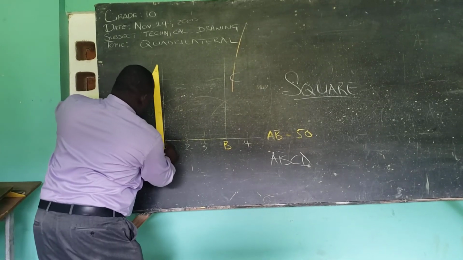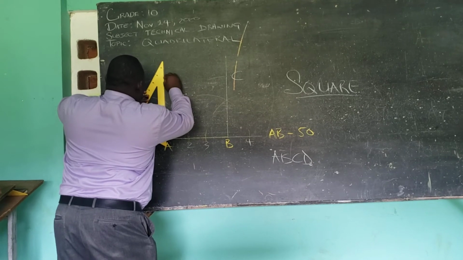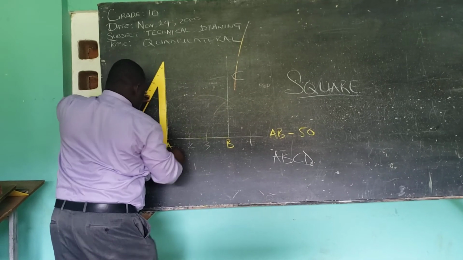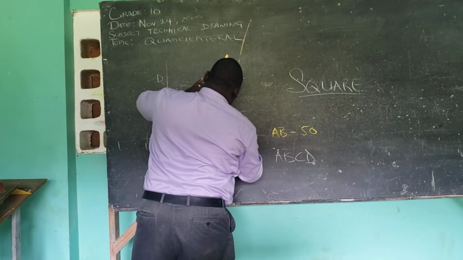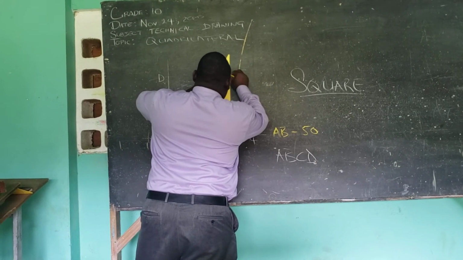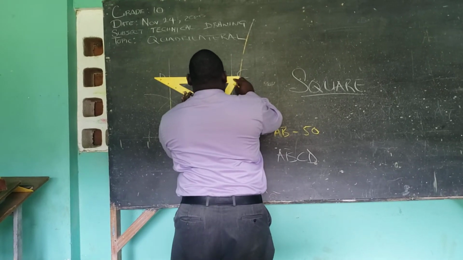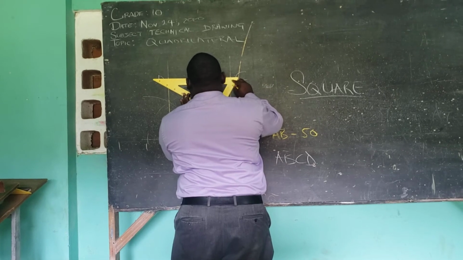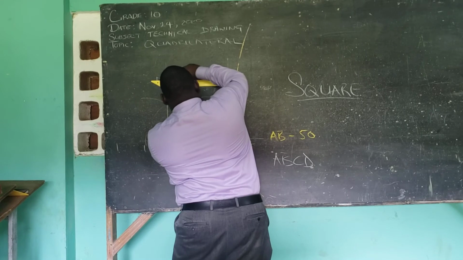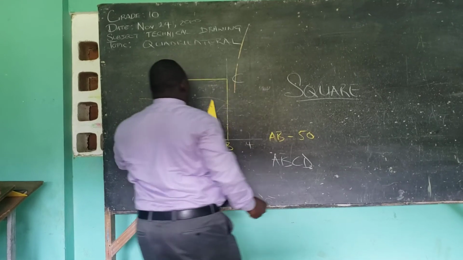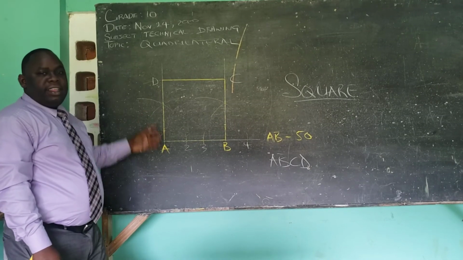So we can brighten our AB line. And we can brighten our BC line. And then we can join our C to D. So we have just constructed our square A, B, C, and D.